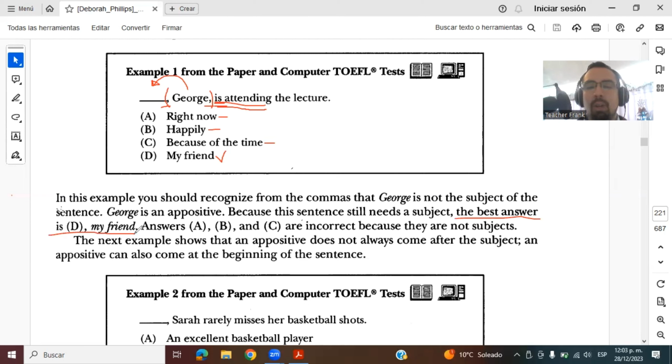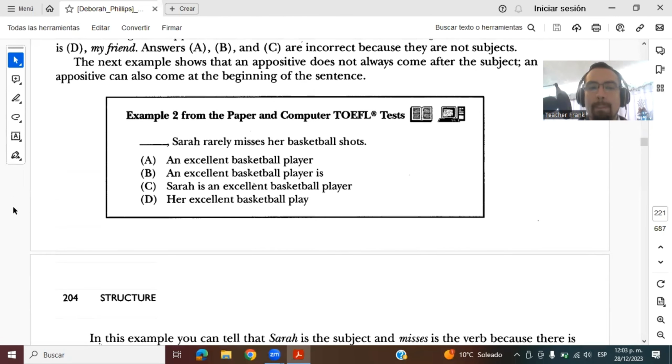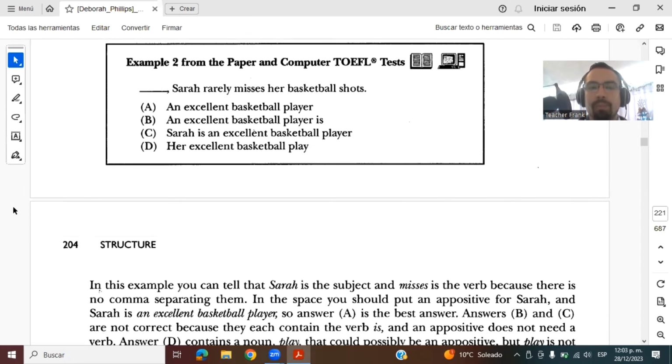So we're going to look at one more example, which is another variation of the appositive. Right now, we've been seeing subject, appositive, verb, but it is also possible to have an appositive, then the subject, then the verb, okay? So let's look at this third example over here. This example says Sarah rarely misses her basketball shot.